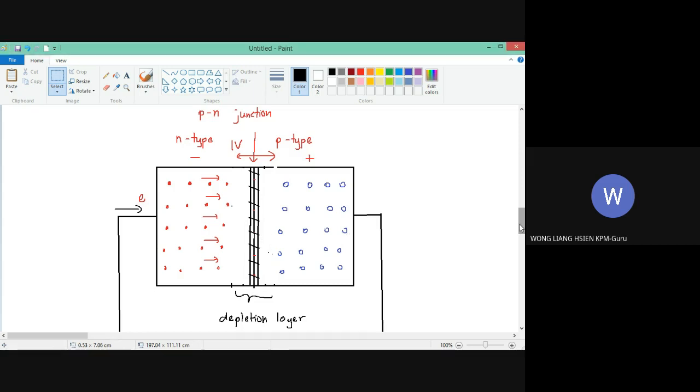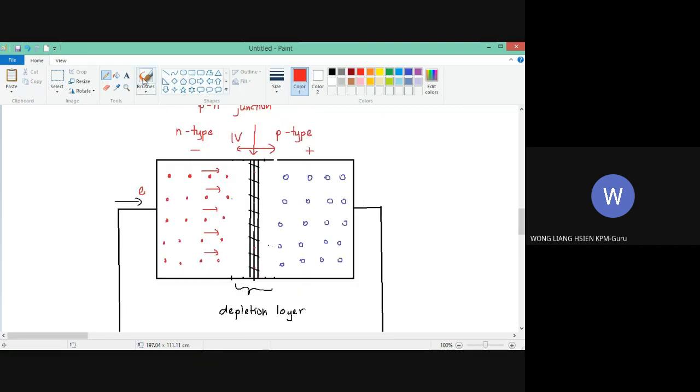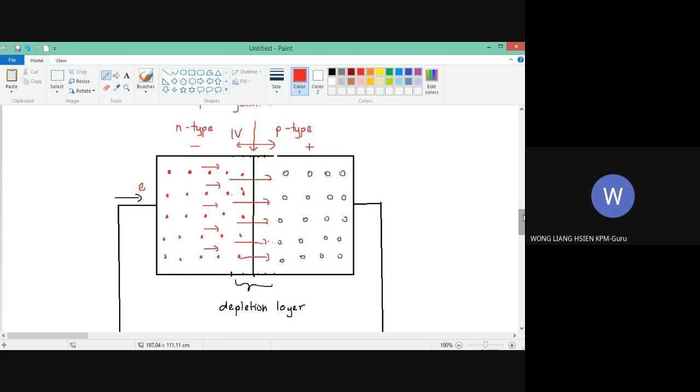So what happens is when this power source is equal to 1 volt or more than 1 volt, let's say 1.1 volt, then the depletion layer will disappear, and the electron can flow through the junction, because the power source has overcome the junction voltage.